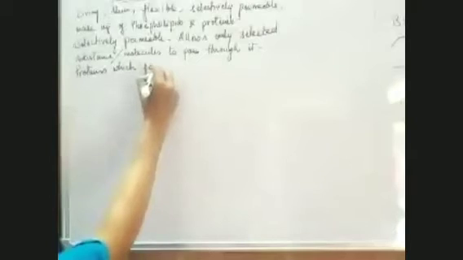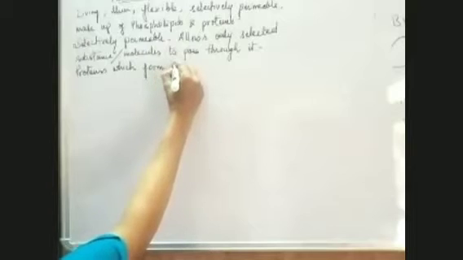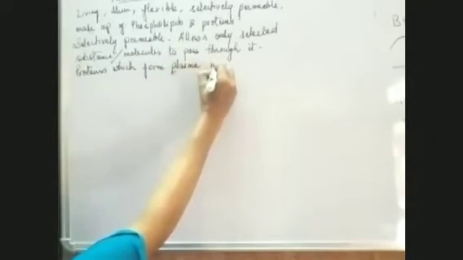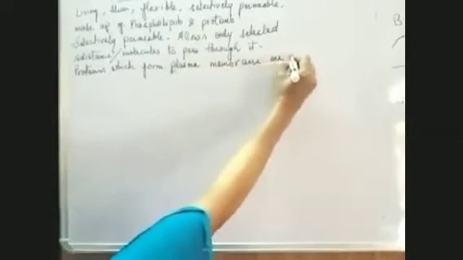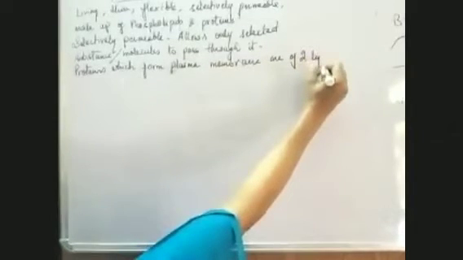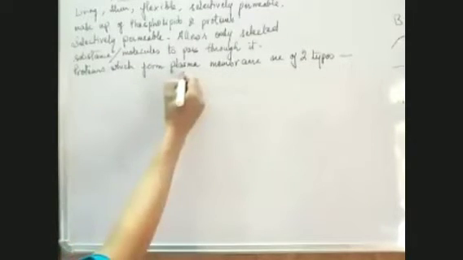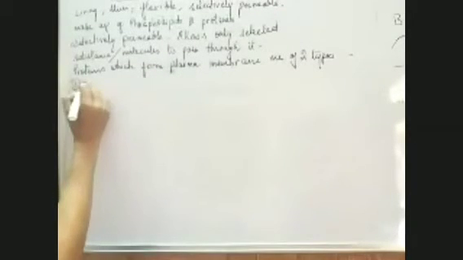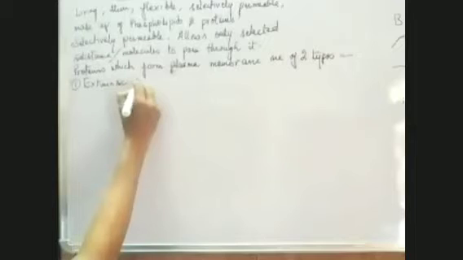What are these proteins? Proteins which form the plasma membrane are of two types: number one, extrinsic proteins, and number two, intrinsic proteins.